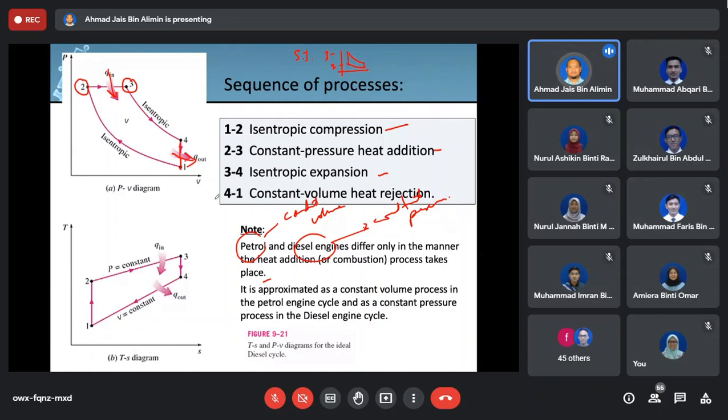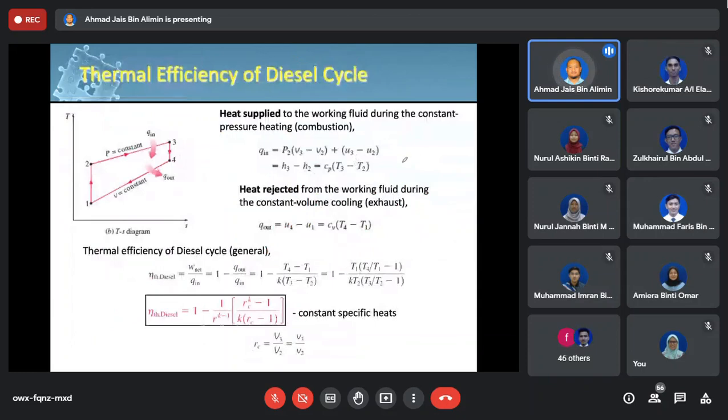So that's why you have two different sketches for SI and CI engines. And then using the same approach, you calculate the heat supply. For diesel, everything is happening at constant pressure, so we use the value of Cp. Whereas for the spark ignition, because everything is happening at constant volume, we use the value of Cv.